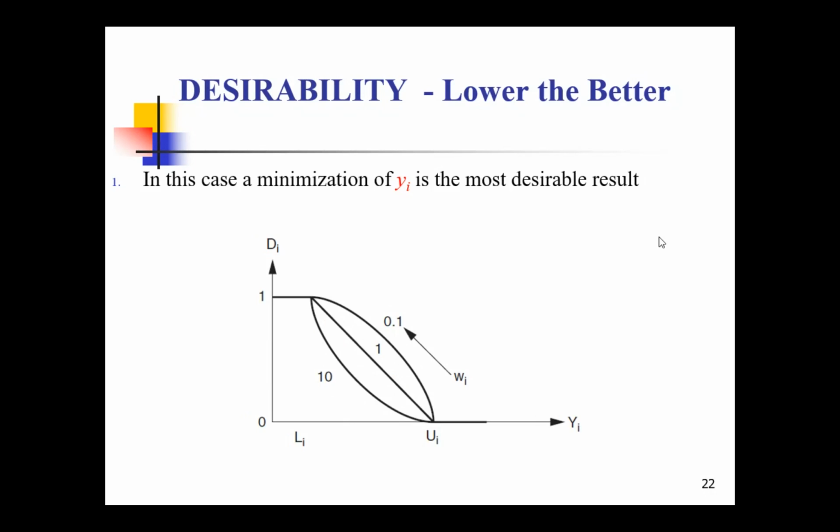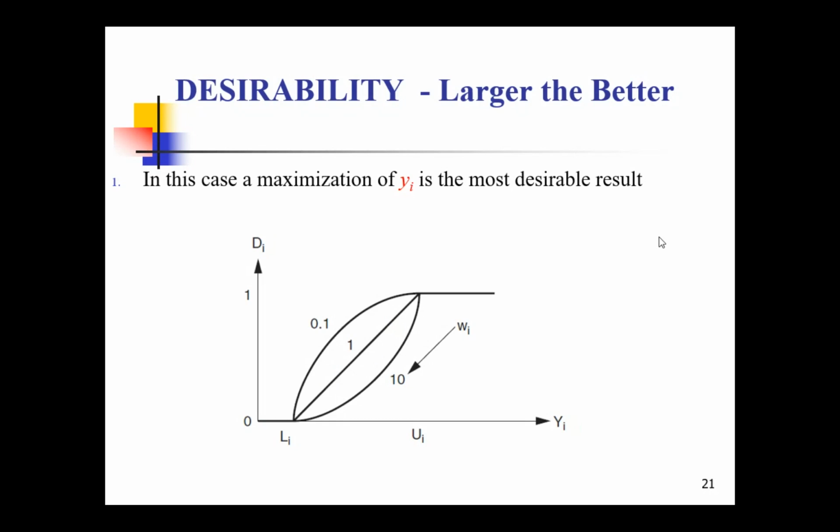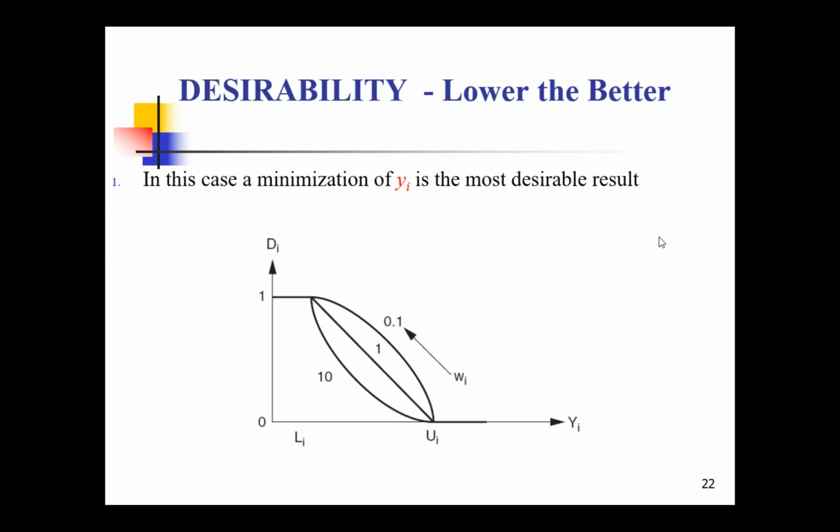But in the previous condition, you can see from the lower limit it moves towards the upper limit because it is a desirable one. That is, the larger the better. So the value should be nearer to the upper limit. But in the case of surface roughness, the values should be closer to the lower limit. That's why we have to move from the upper limit towards the lower limit.